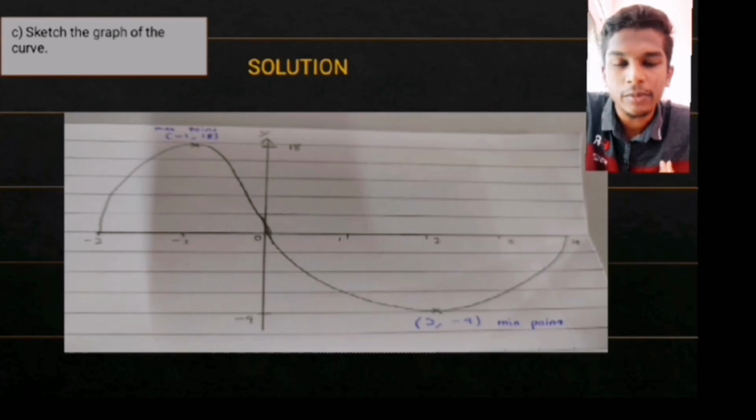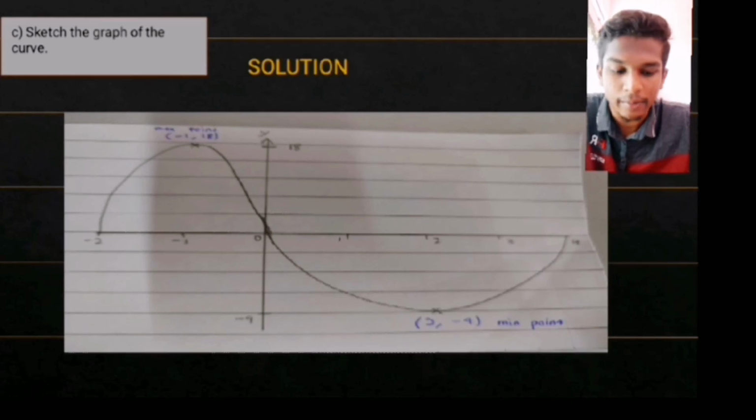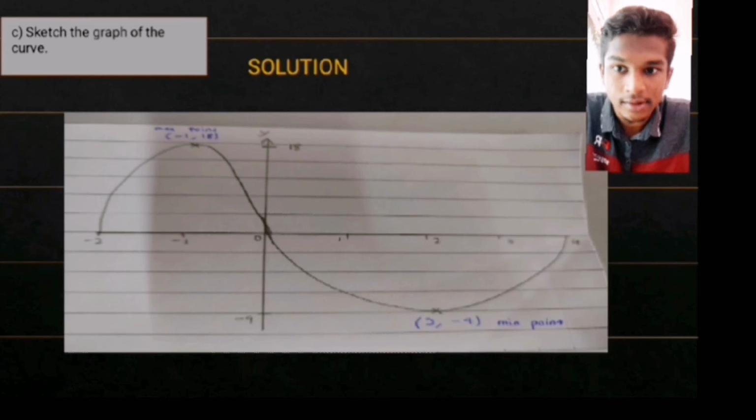The first step to sketch the graph is we must plot the minimum point and the maximum point on the graph, and we have to connect the points with a line. We connect the maximum point and the minimum point with the line, and there must be a smiley face at the minimum point and the n shape at the maximum point. So that's all from me.